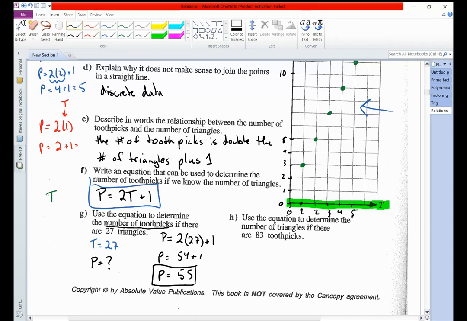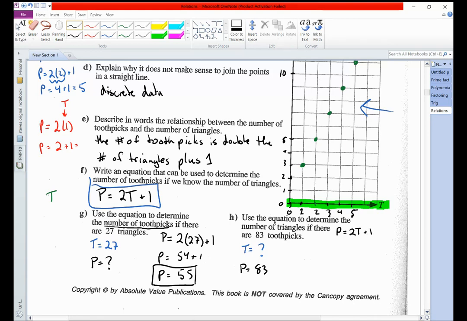Use the equation to determine the number of triangles if there are 83 toothpicks. In this case, we are trying to solve for the number of triangles, and we know we have 83 toothpicks. So it's going to be similar to the question we just did. We know our formula is P is equal to 2T plus 1.